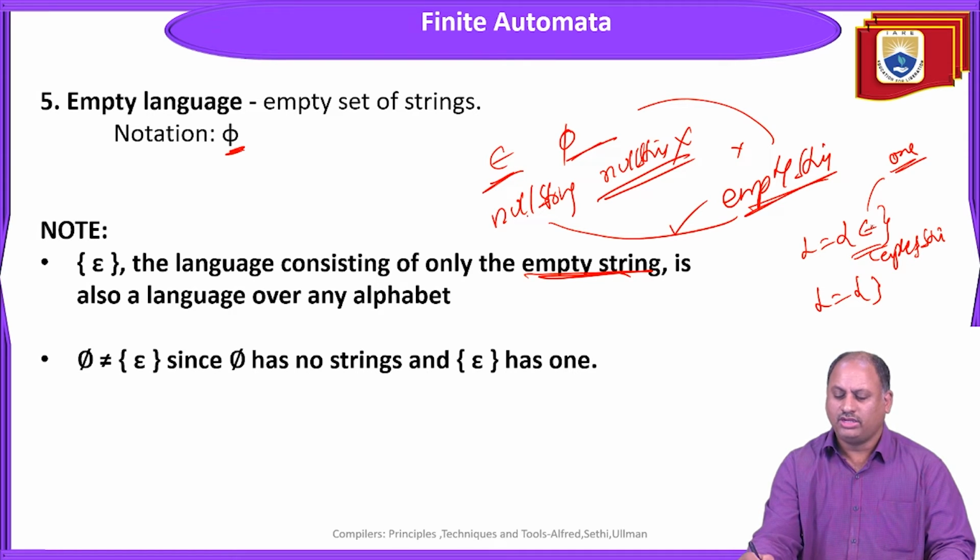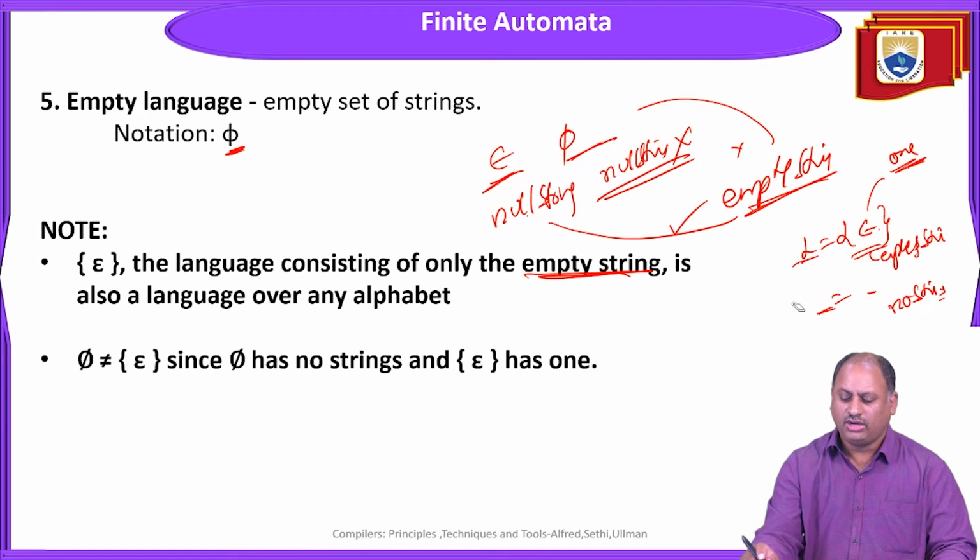Now here L is defined with epsilon, so one string is available. But in the other language, there will be no strings. That's why epsilon is counted as one string, while the empty set is considered as no strings. So one string is not equivalent to no strings. Yes or no? That's why both are not equivalent.